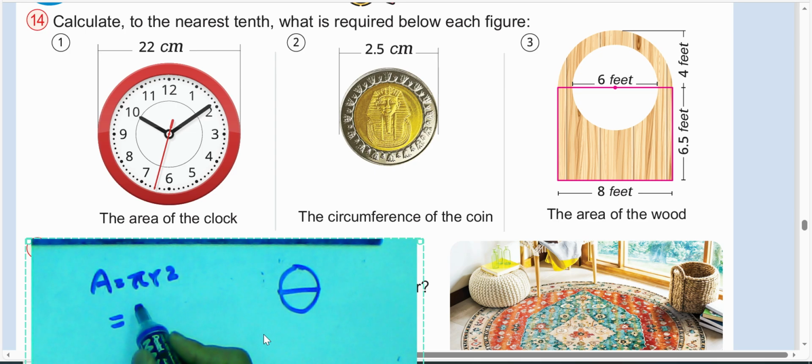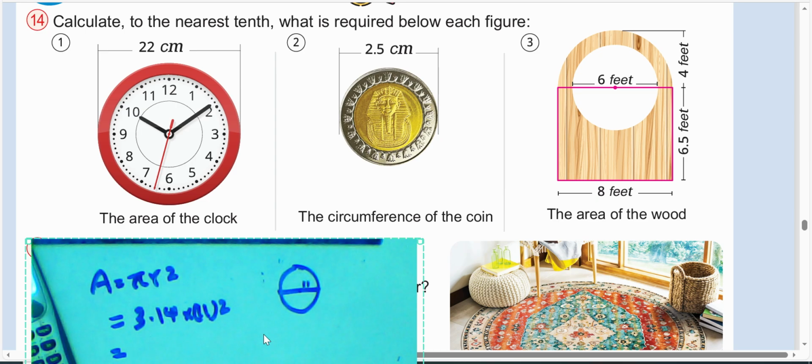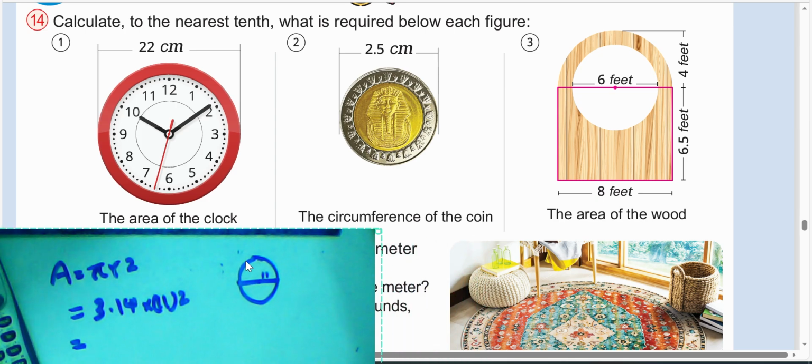Then we can write pi product by 3.14, product by radius 11 power 2. Then we can find the area. He wants to find the area of the clock. That's question number 1.